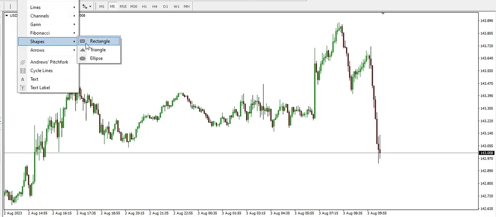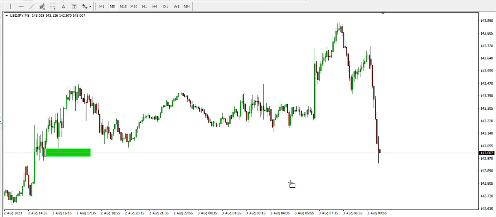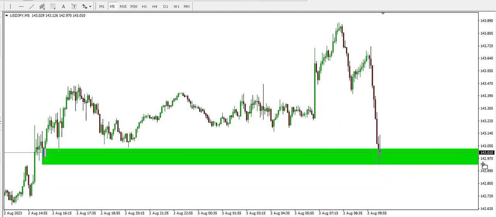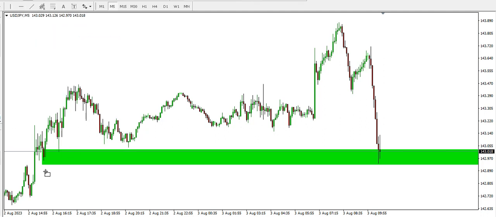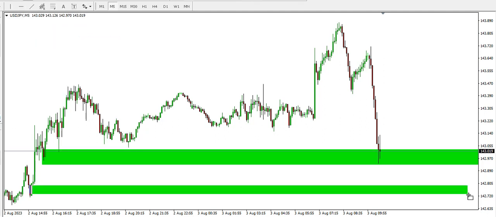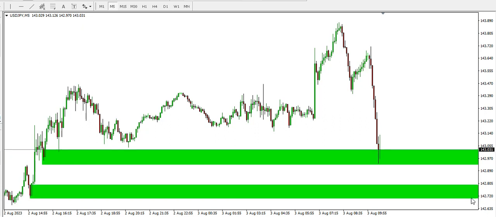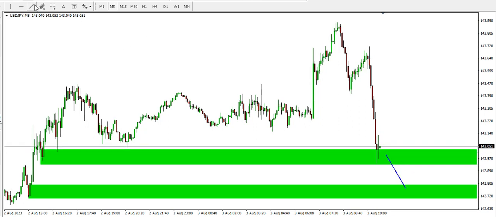A break below this order block, all right, price might target the next order block, which is around here. Okay, price might target this order block. If it breaks below this and finds some demand, it starts to go up.